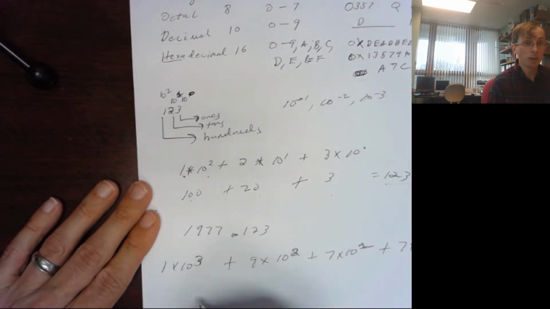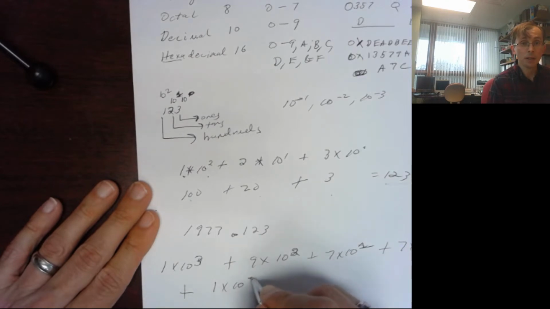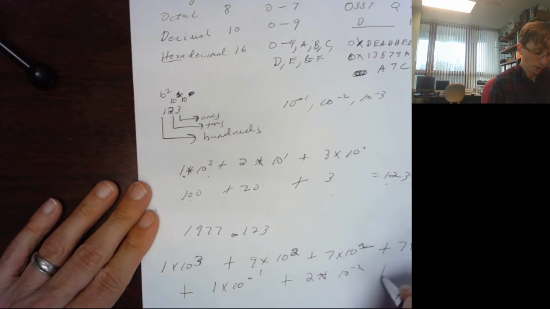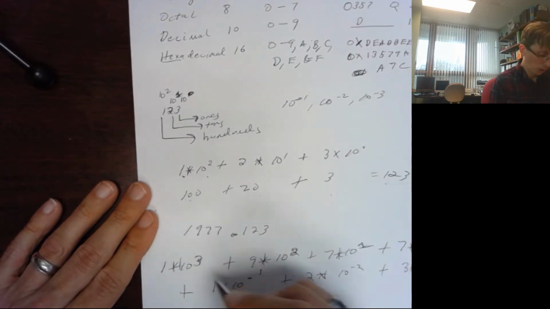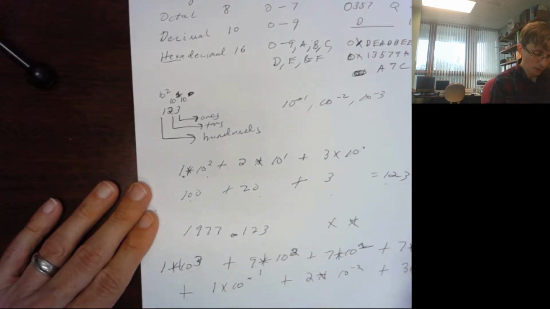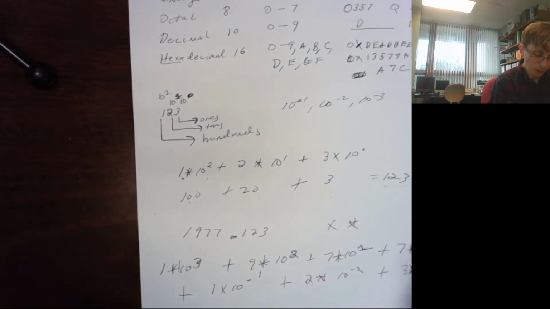And then we'd want to go ahead and add to that 1 times 10 to the negative 1st, plus 2 times 10 to the negative 2nd, plus 3 times 10 to the negative 3rd. Whether you do the multiplication symbol or not doesn't matter as long as you can show the work.